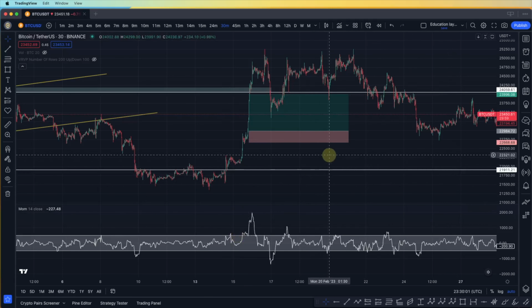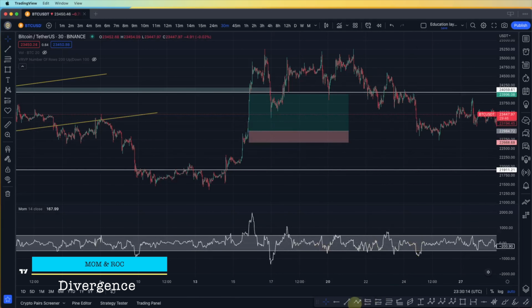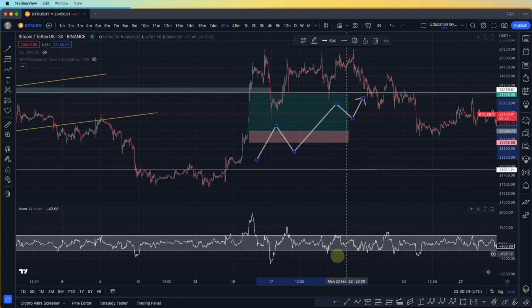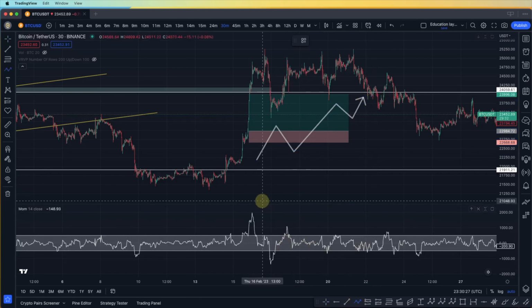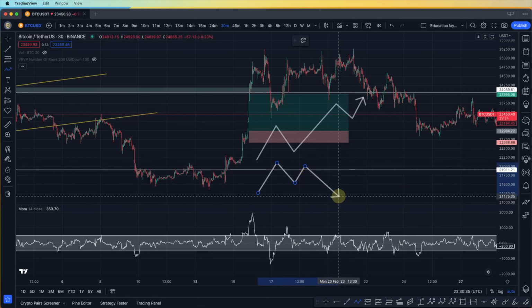The last thing I'm going to tell you about is a potential reversal pattern. I'm going to tell you about the divergence. What is divergence? I know all of the people know about this one, but I'll just quickly explain. When the price makes a higher high on the market, but we have a lower low on our oscillator or indicator.